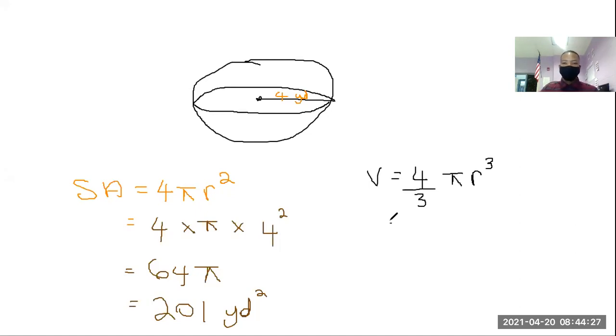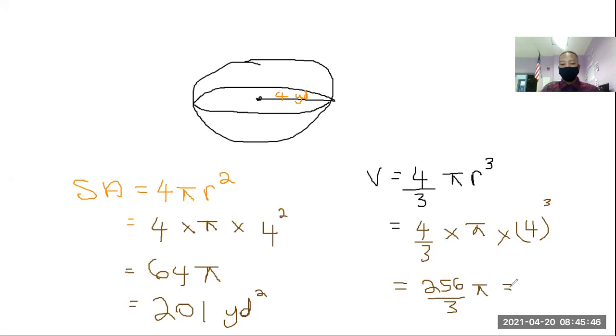Volume. So 4 over 3 times pi, and we said the radius is 4 yards, so we do 4, and it's cubed. When you work that out, you get 256 over 3 pi.